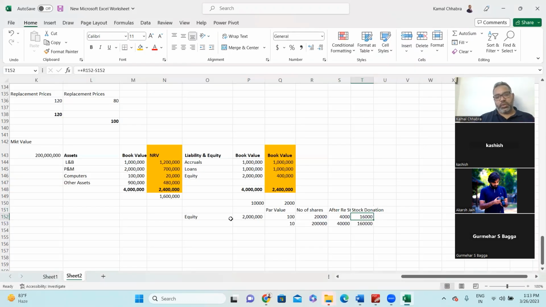So you may have the same number of shares, but the value per share will go down. Instead of 100, it will be $20 per share. Then you will have this multiplied by this. Getting my point?